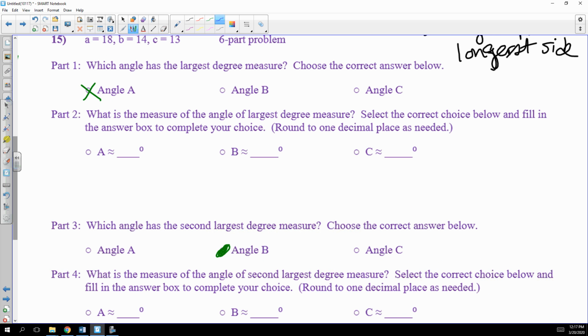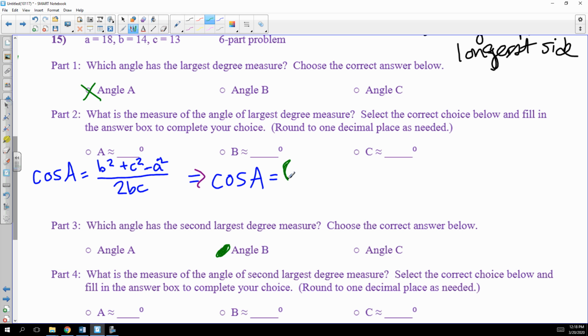So now I'm going to use cosine A equals B squared plus C squared minus A squared all over 2BC. And then I'm going to set more stuff in here and say cosine A is equal to open parentheses.